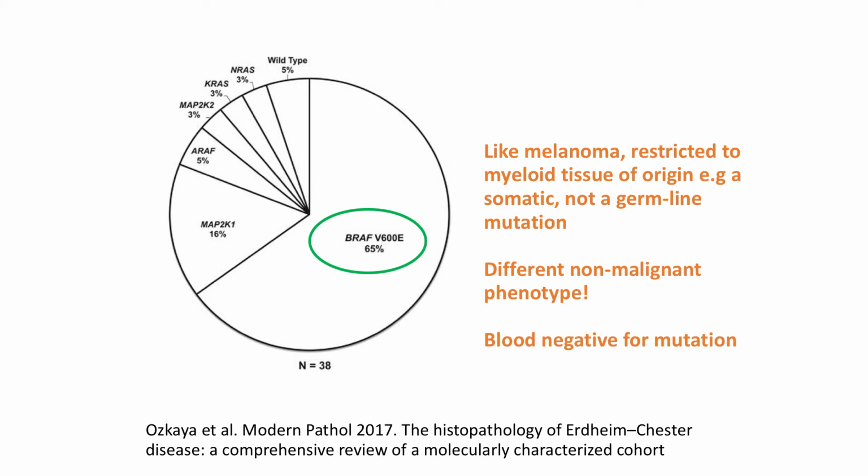There are some other mutations that show up, but it's also not in every cell in the body. It's only in the cells that make up the tumor. If you draw blood and look in the monocytes or the macrophages or myeloid cells, they don't have the mutation. So it's a very specific mutation that occurs at one point in time that lets you treat this patient.